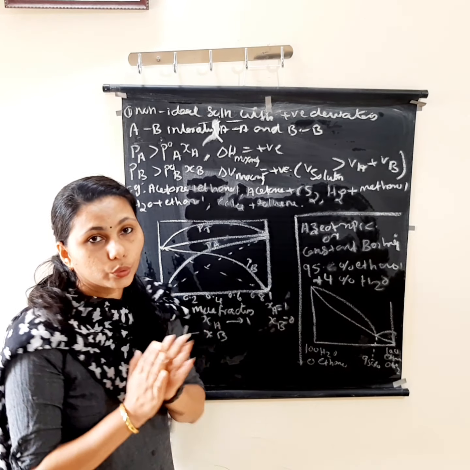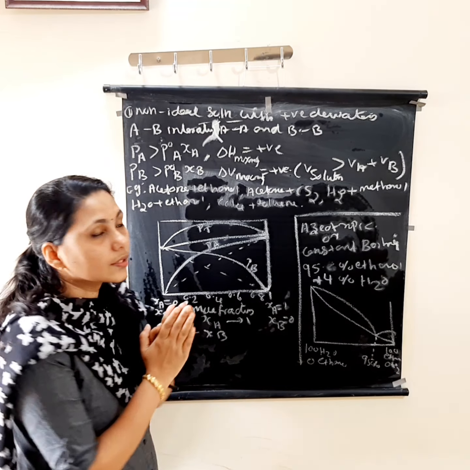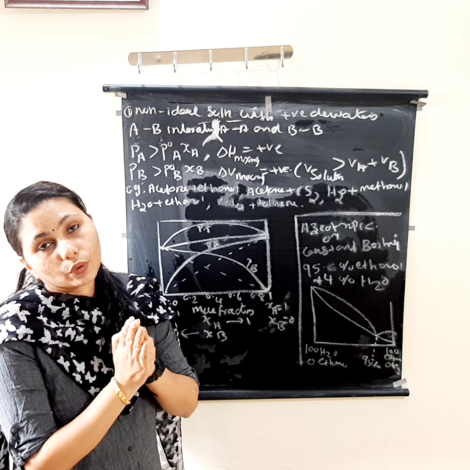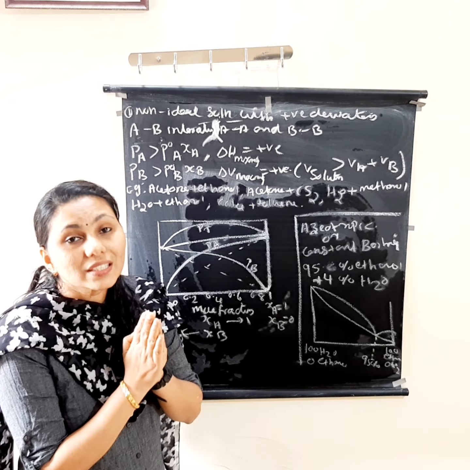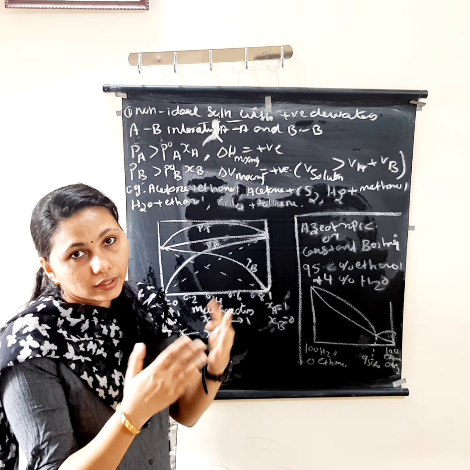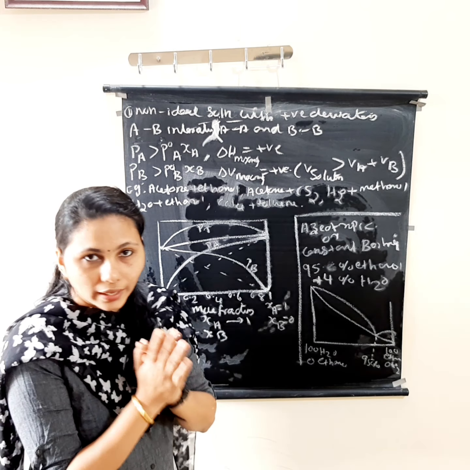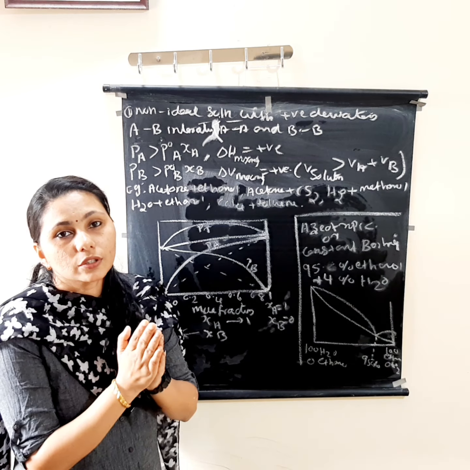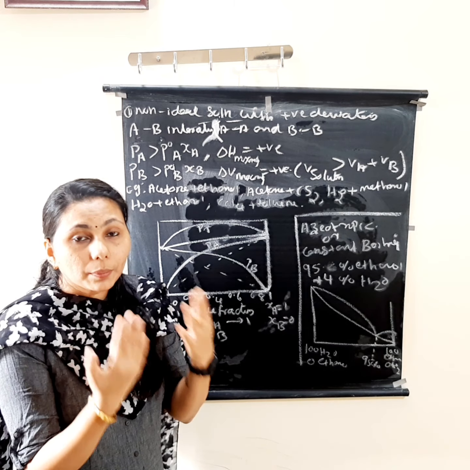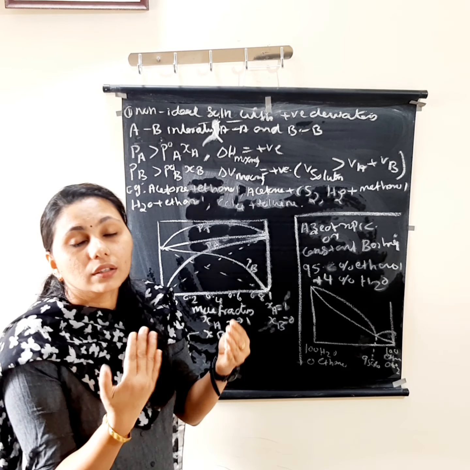First is the non-ideal solution with positive deviation. In this type of solution, the total vapor pressure of the solution will be greater than that of an ideal solution with the same composition. For example, take a solution containing 20% water and 80% ethanol. According to Raoult's law we calculate its expected vapor pressure, but the actual vapor pressure is higher than that of the ideal solution with the same composition.